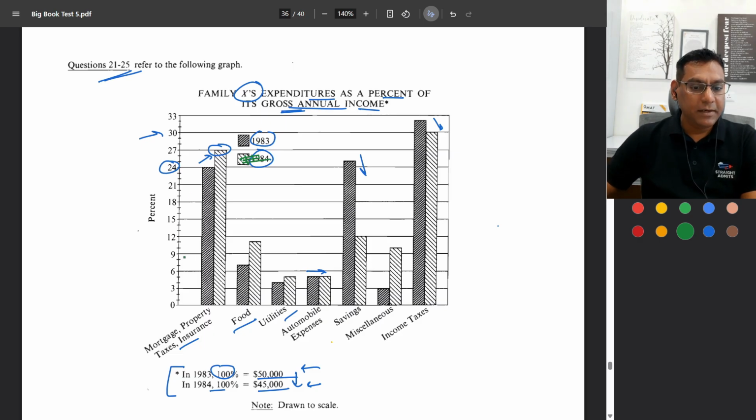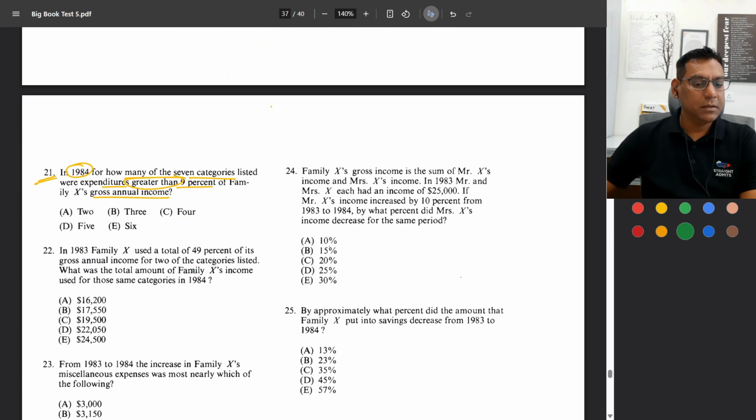Yes, this is there. This is also there. Not here, not here. 3, 4, 5. Only 2 categories the expenses were less than 9% in 1984, right? These two. Rest everything was more than 9. 5 should be the answer. Answer choice D.